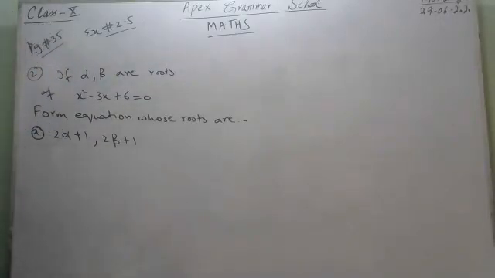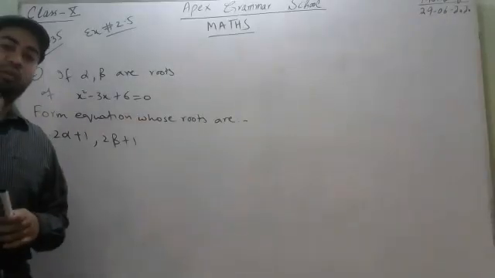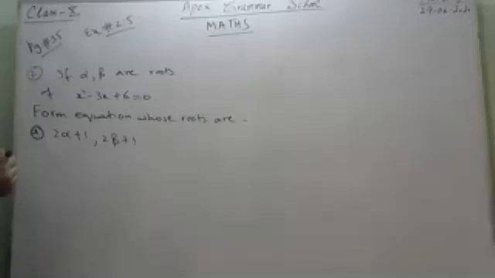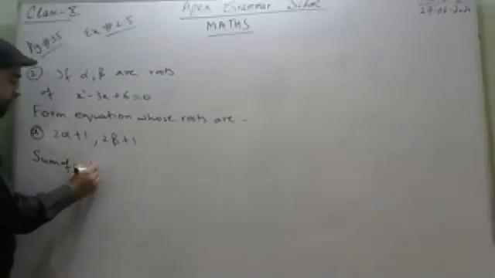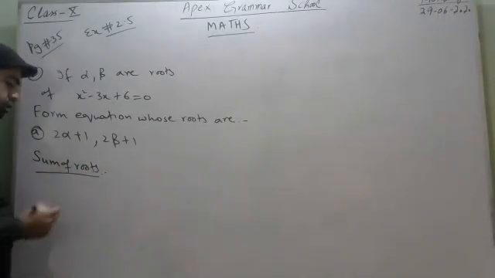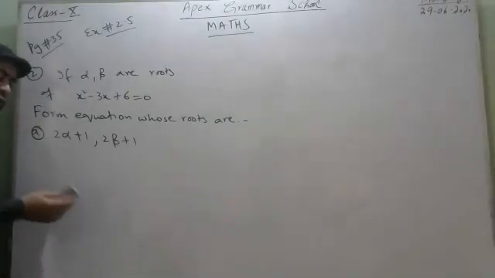So first of all, again the same thing, we need the sum of roots and the product of roots. First we need alpha plus beta.